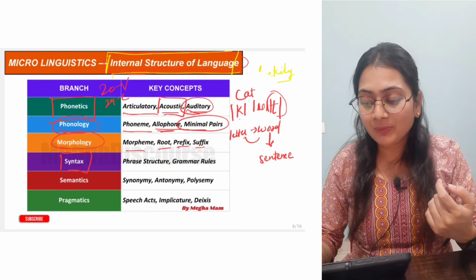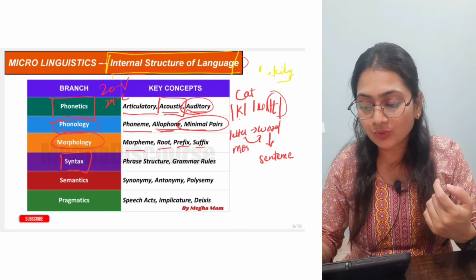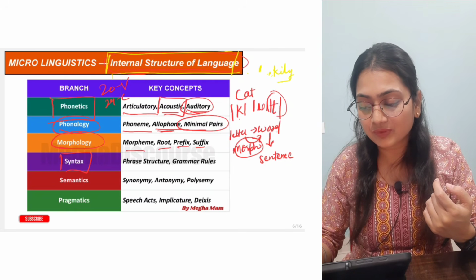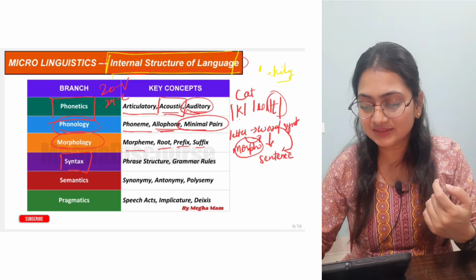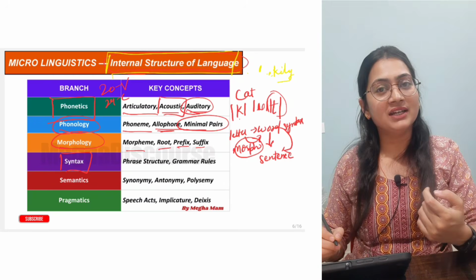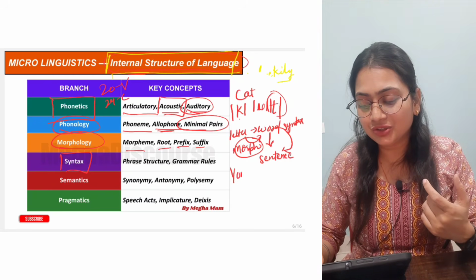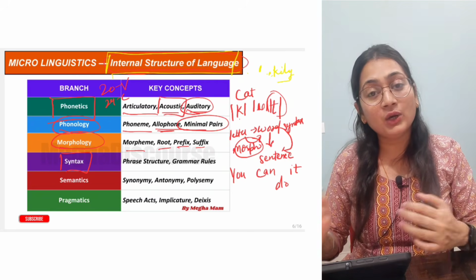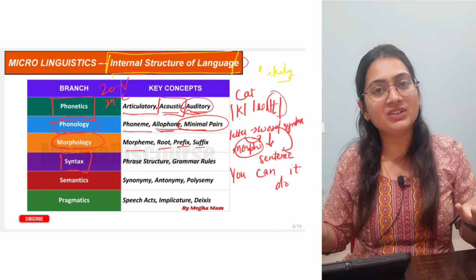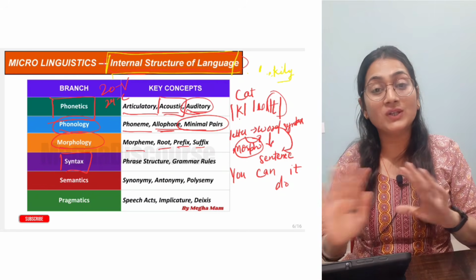Now, from letter to word, this is called morphology. But from word to sentence, it is called syntax. I know very well about the words like you, can, it, and do. Now, I have to make a sentence. Then what type of sentence will I make? You can do it. So, this is called syntax.